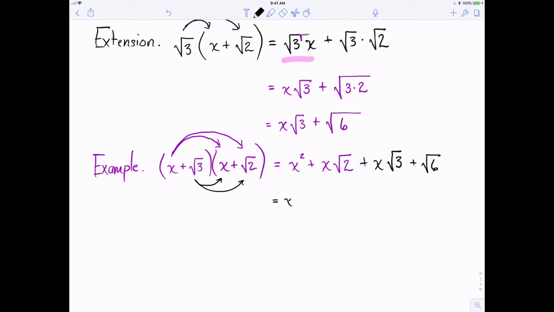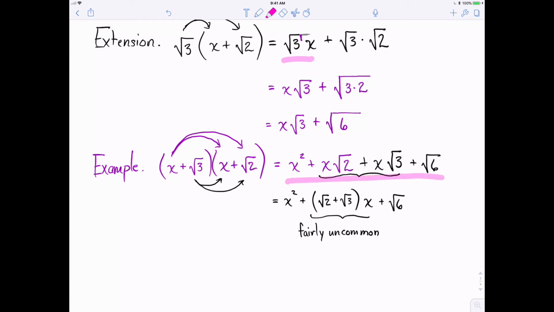You could say these are like terms in x, and if you did that and factored out an x, you'd have the square root of 2 plus the square root of 3 times x plus the square root of 6, but honestly this is fairly uncommon. And so in other words, we'll just leave the problem as we have right here.